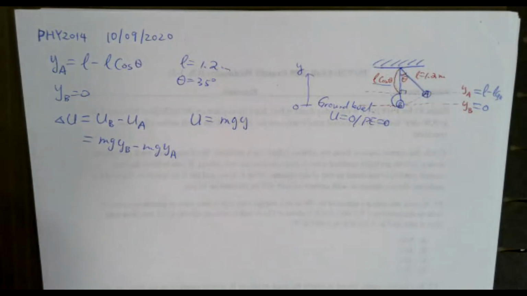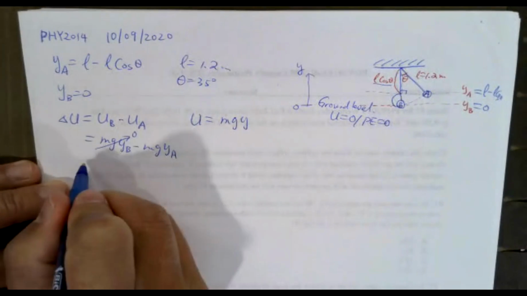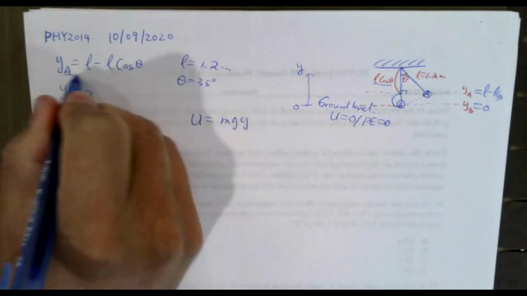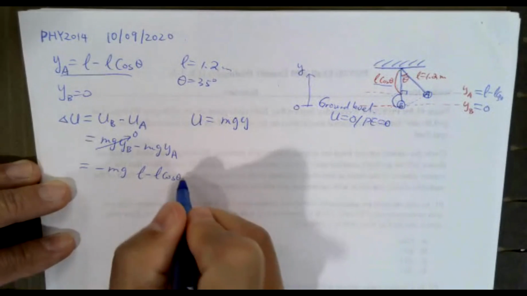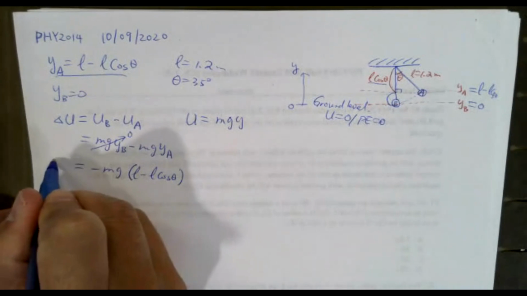YB is 0, so this term is 0. So it will be negative mg YA, which is L minus L cosine theta. That's your delta U.